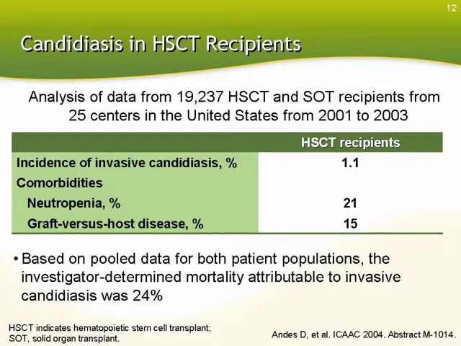And of course, when these highly immunocompromised patients do develop candidiasis or aspergillosis, there are very significant negative impacts. In this particular series of stem cell transplant patients, there was a 24% attributable mortality to invasive candidiasis.